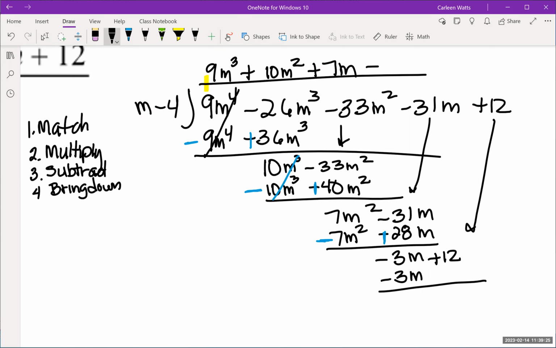M times -3 is negative 3m. Multiply. -3 times m is negative 3m. -3 times -4 is positive 12. Subtract. Remainder 0. We are done.